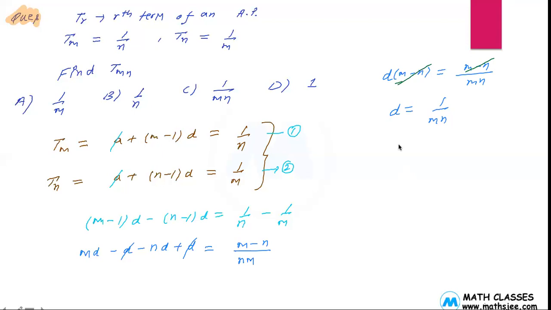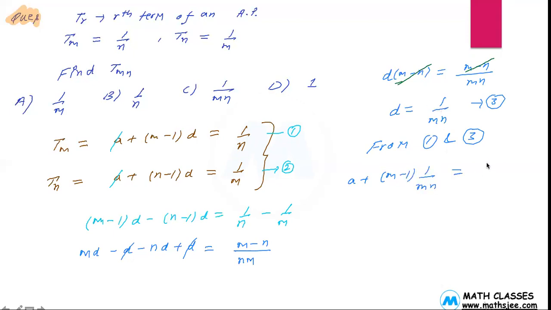Now we can substitute in any one of the equations. Let us say we substitute in 1, and let us say this is 3. From 1 and 3, we can write down a plus (m minus 1) into d, that is 1 by mn, equals 1 by n.